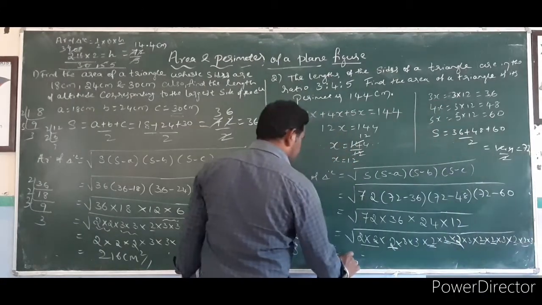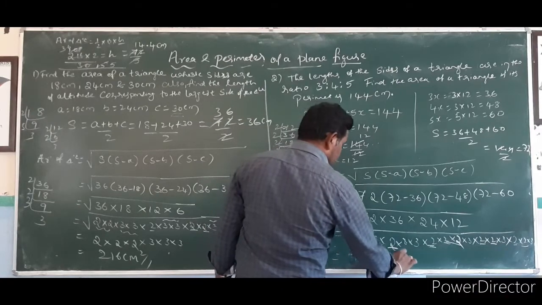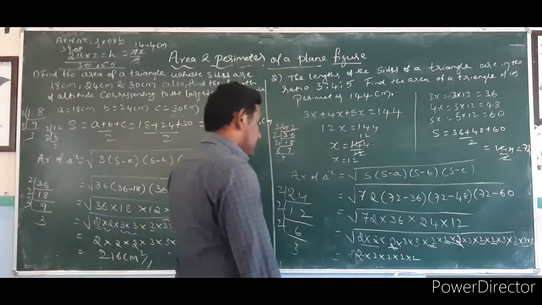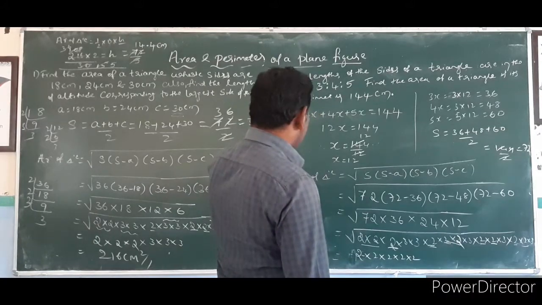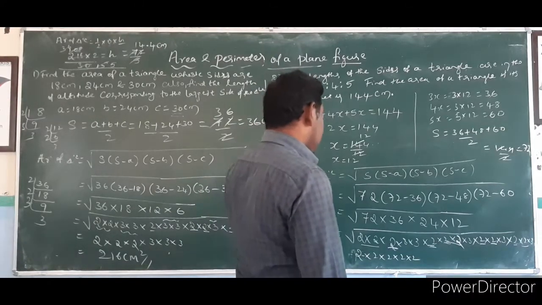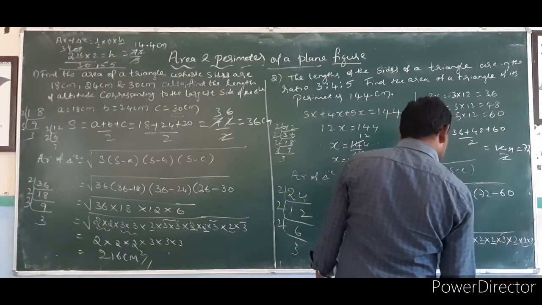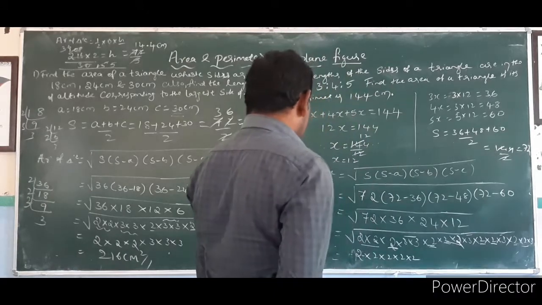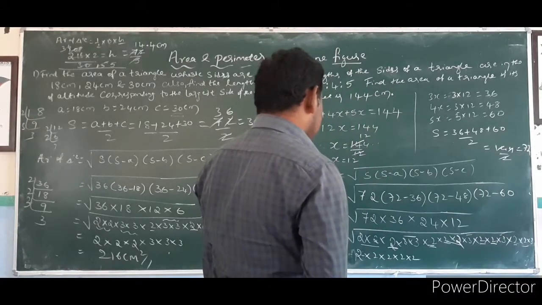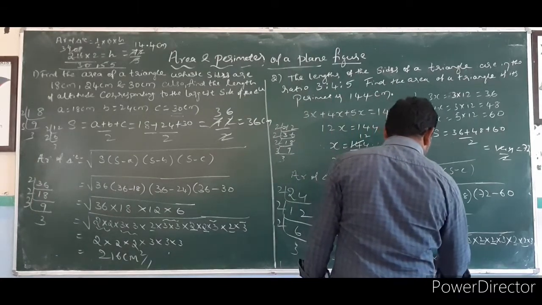There are 5 groups of 2s. You can take 5 2s out. Next, 3, 1 group, 2 group. Take 3 outside.